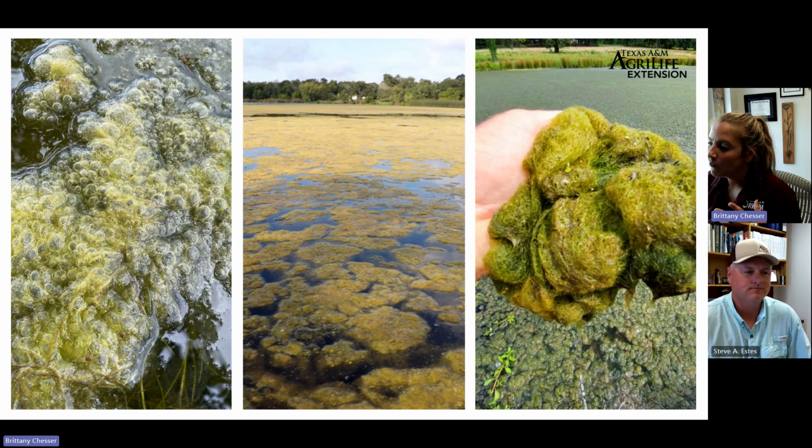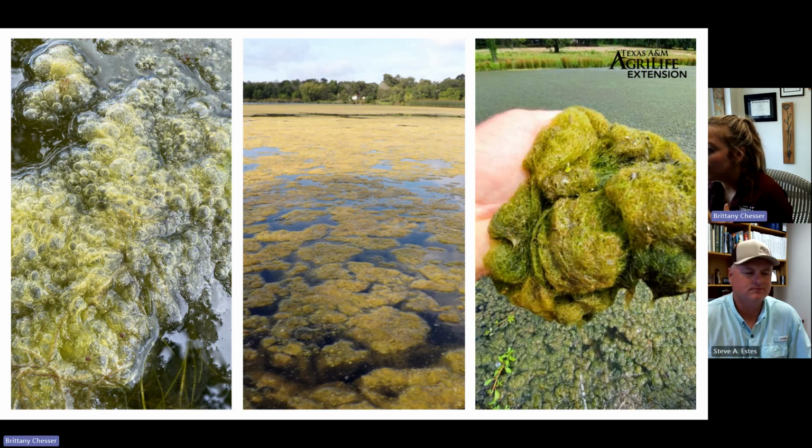The only real difference is, and there's a couple of other differences, but really what hits home for landowners is that chelated copper stays suspended in the water column for a few more hours, so it's able to hit some of those algal cells, or more of those algal cells than copper sulfate. Whereas copper sulfate doesn't stay as suspended as long, and within about an hour, it's going to sink to the pond bottom.